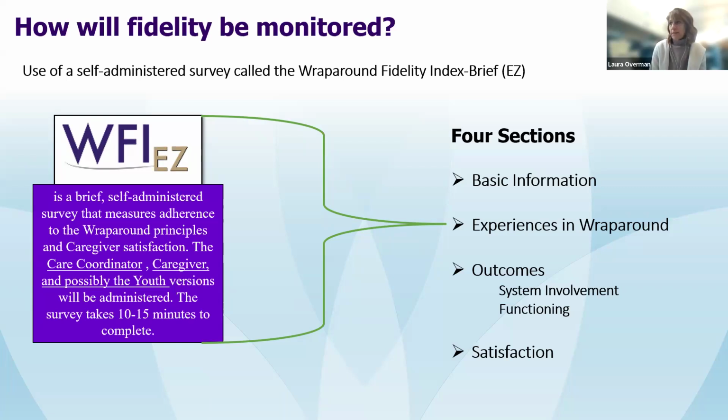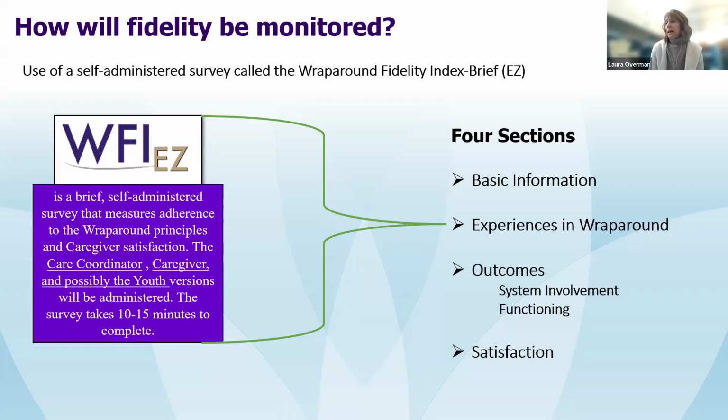There are 4 sections: basic information about the wraparound process, and experiences in wraparound, which has 5 subsections that tap into effective teamwork, needs-based, outcomes-based, natural community supports, and strength and family-driven.